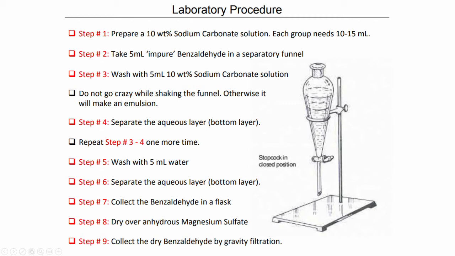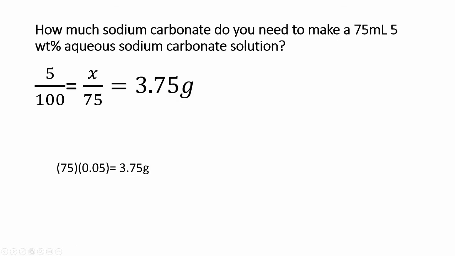That means if we're working with 10 mLs of solution final volume, we would need about 1 gram of sodium carbonate, because 1 is 10% of 10. So let's say we want to find the amount of sodium carbonate we need to make a 75 ml solution with about a 5% weight to volume aqueous sodium carbonate solution.